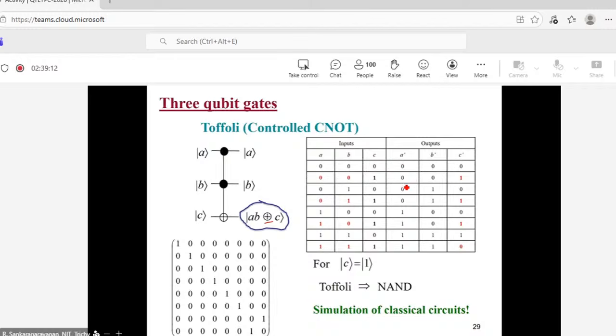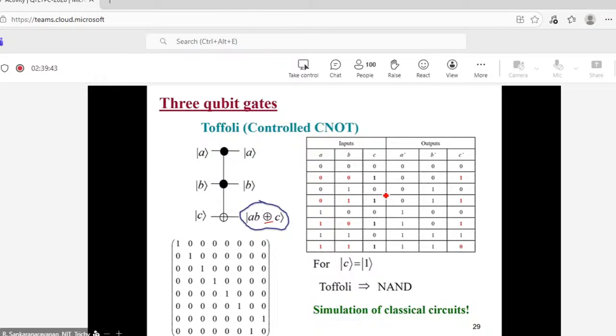We can have various possibilities for A, B, and C, so I assign zeros and ones for A, B, C and construct this truth table, which shows for this input, this is the output, and so on. I want you to concentrate only on the third column where C is set to 1.